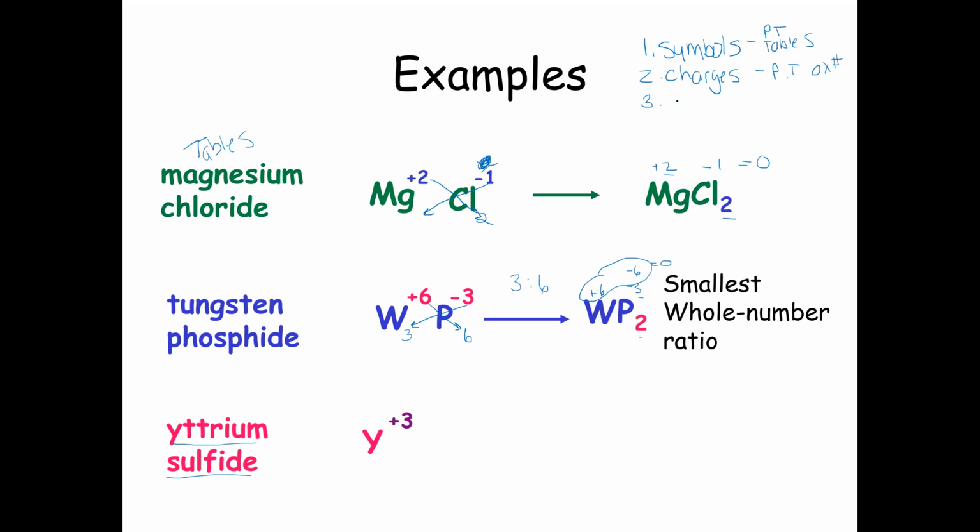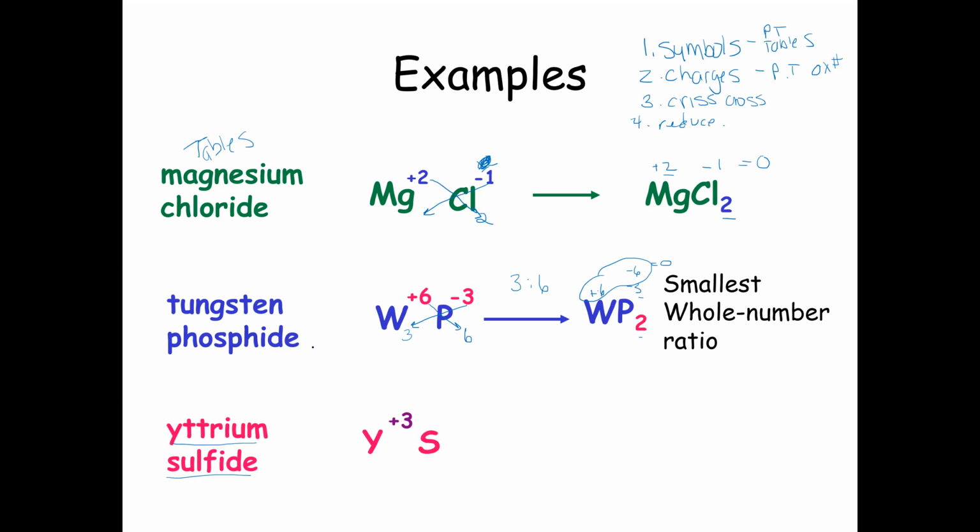And then our last step is going to be crisscross, right? Which is going to give us the ratio that we need. We're going to bring the charges down to the opposite side to get a subscript. And then we're going to possibly have to reduce if it can be divided by the same number.